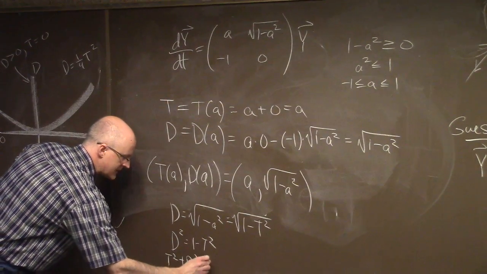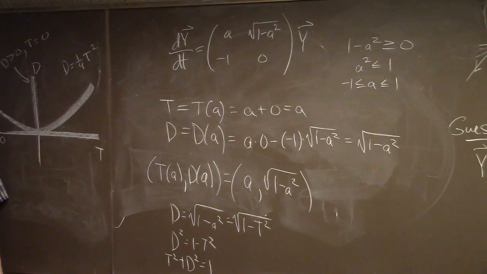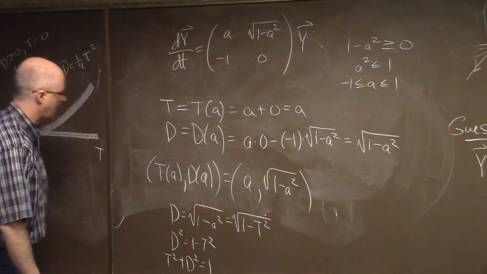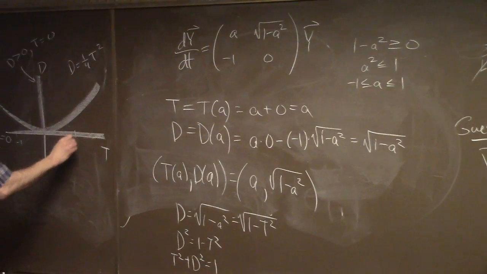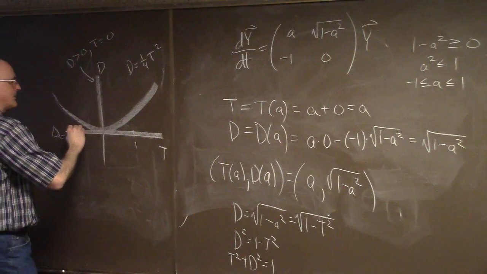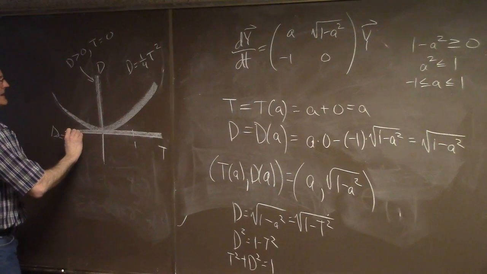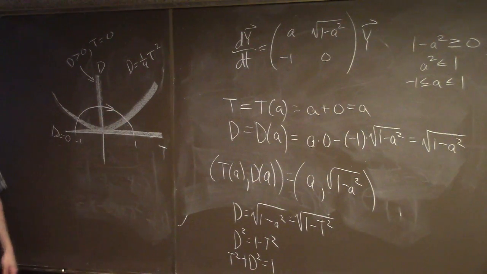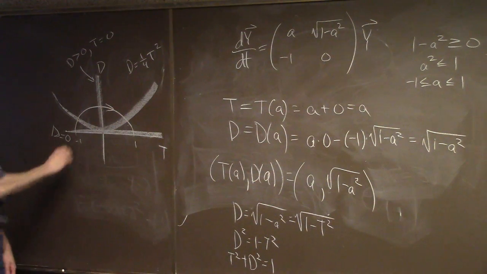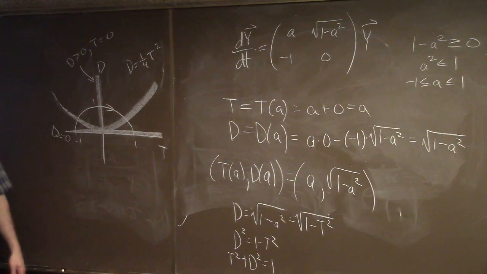That's the equation for the unit circle in the TD plane. Since we're taking the positive square root, we get the upper half of it. As little a varies from negative 1 to 1, the curve we trace out is going to look like that. Pretend that's a semicircle, not drawn perfectly.